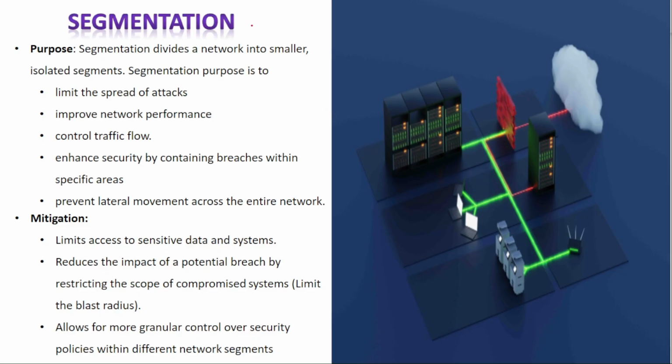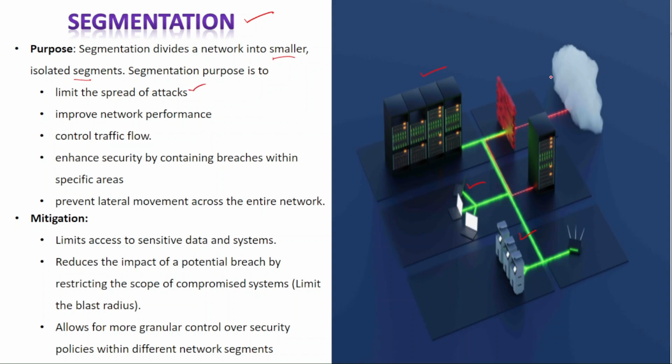The first and most important one is segmentation, that is, dividing your network into different segments. The purpose of segmentation is that it divides a network into smaller, isolated segments, to limit the spread of an attack. What does this mean?